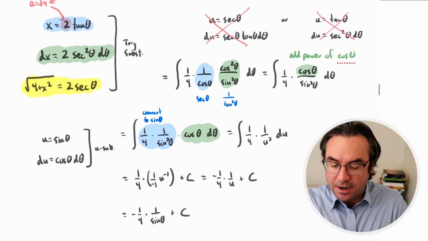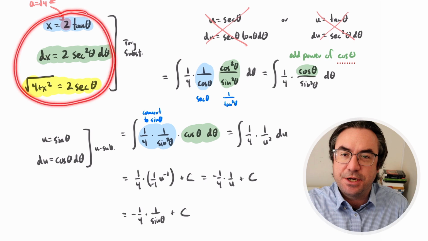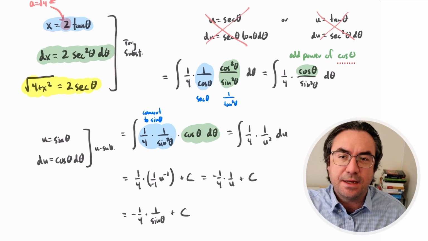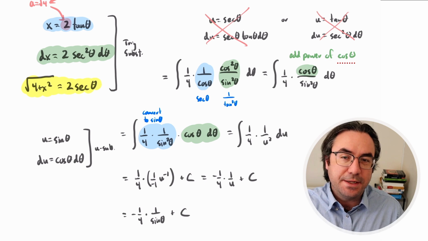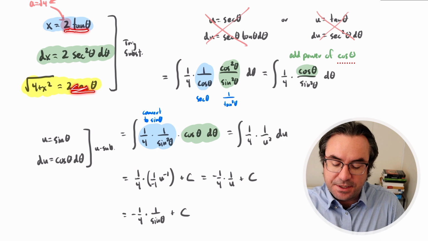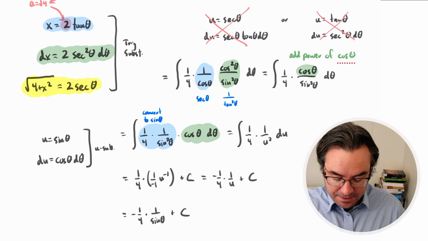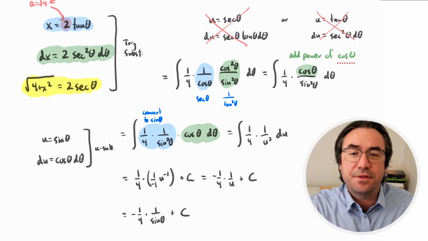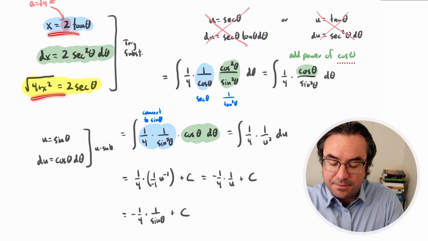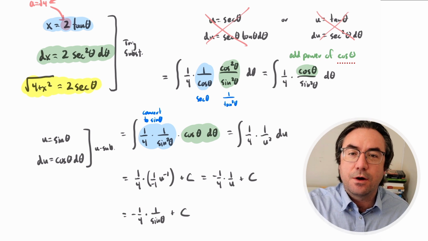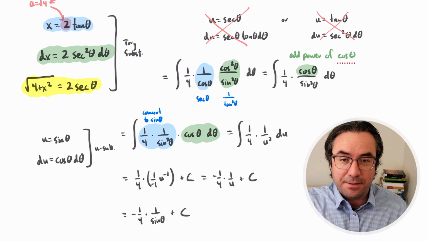If we look at our original trig sub, we know how we're going to convert this back to x. But none of the pieces here have a sine in it. So we have to do a little bit of geometry to help us figure out what sine of theta is. This is where a right triangle is going to come in handy.